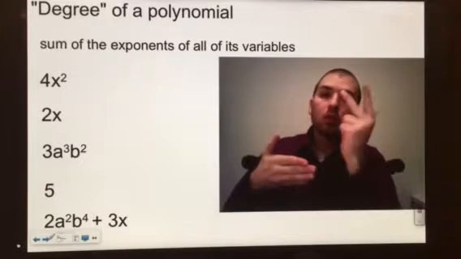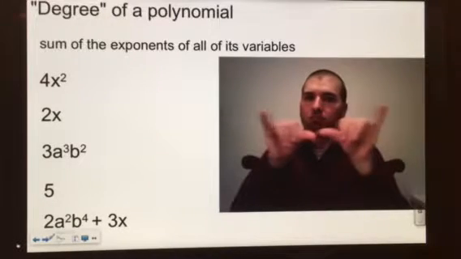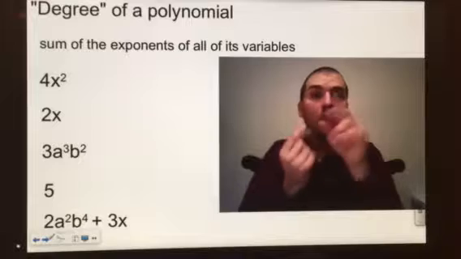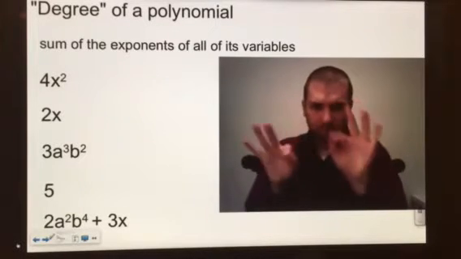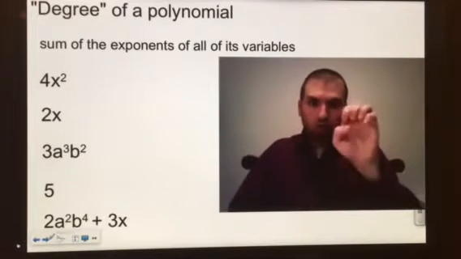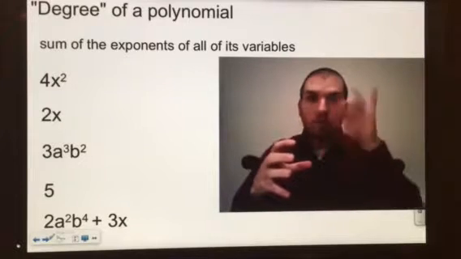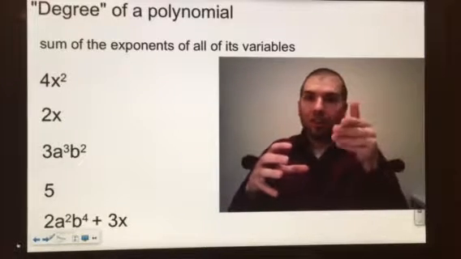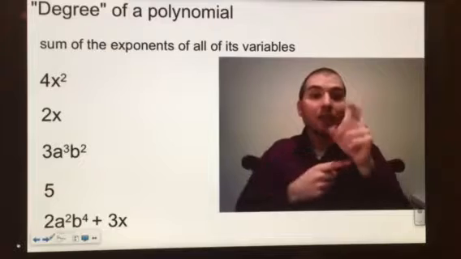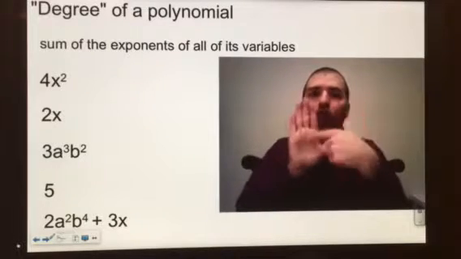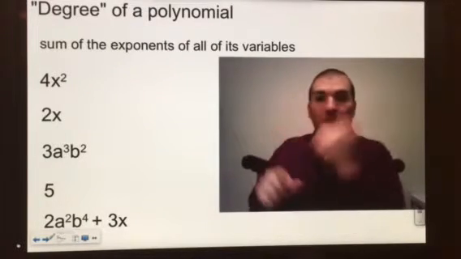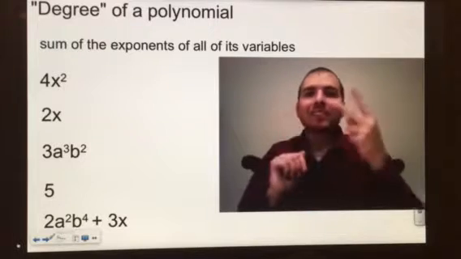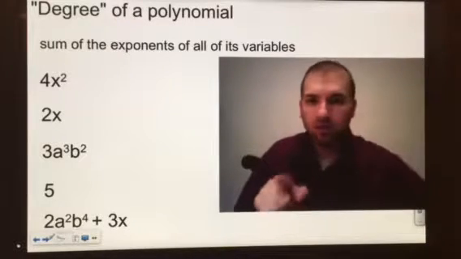So now we're going to talk about the degree of the polynomial. Specifically, what that means, the term, is the exponent. That exponent will determine the variable's degree.